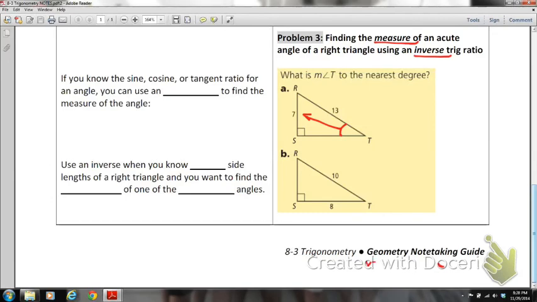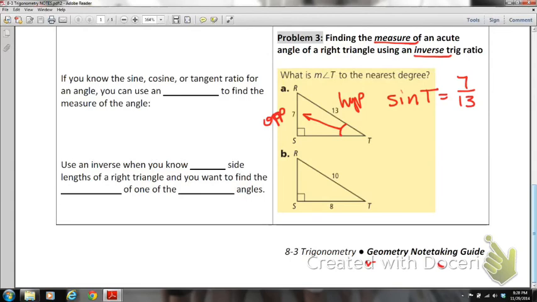So I have opposite and I know hypotenuse. So that means the trig function you need to use is sine, because sine is opposite over hypotenuse. So the sine of angle T is equal to opposite over hypotenuse, which is 7 over 13.